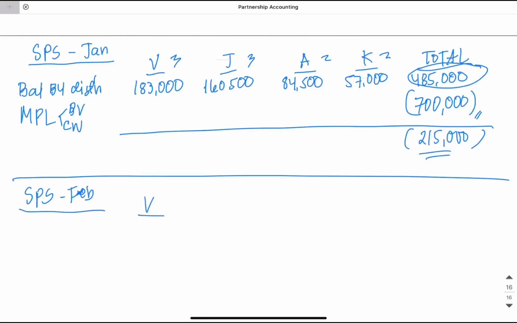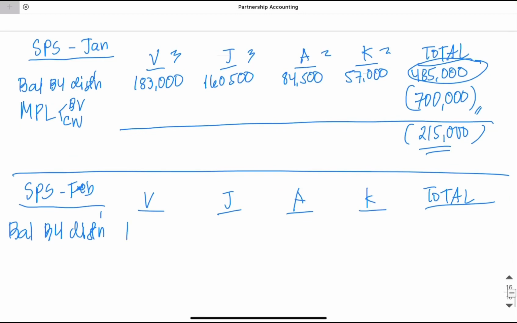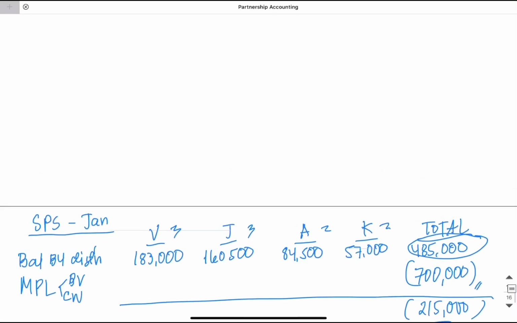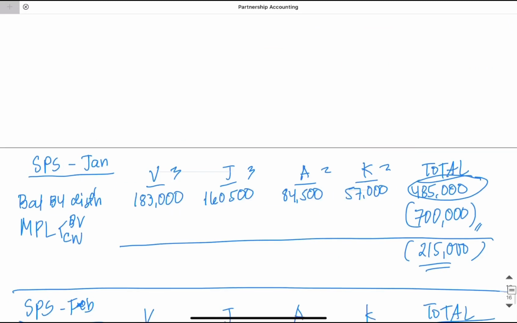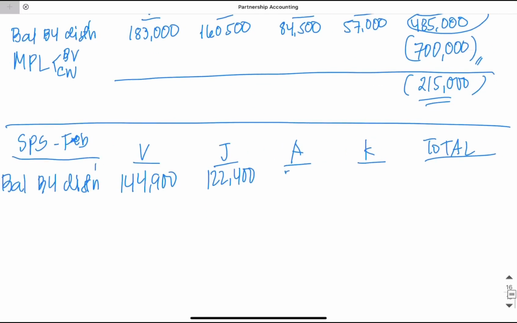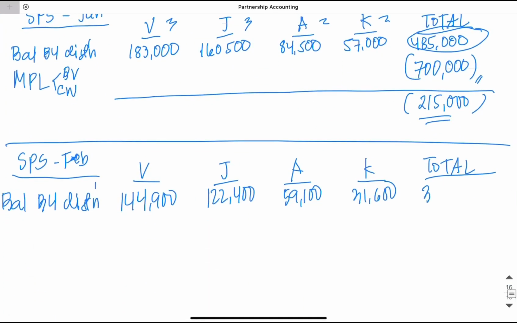The starting point, of course, would be the balances before distribution for the month of February: 144,900, 122,400, 59,100, 31,600, and 358,000 for the total.